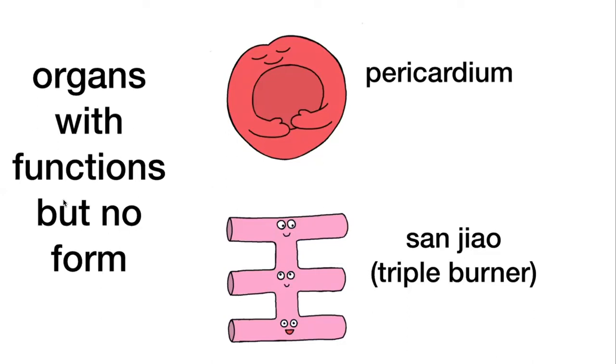And they are paired organs. So that's pericardium paired with sanjiao. How are they going to fit into five? So what is the pericardium? Pericardium is kind of like the protection of the heart. We do have the pericardium anatomically in biomedicine, and it's the protector of the heart.